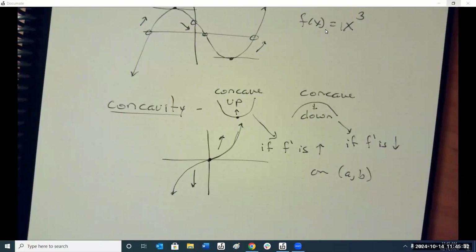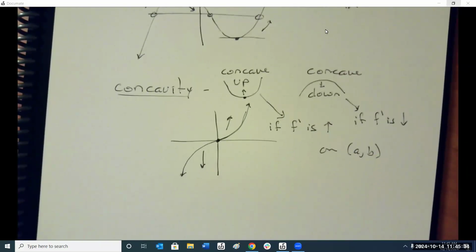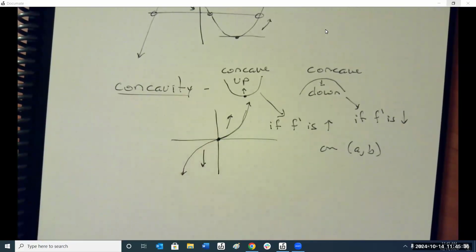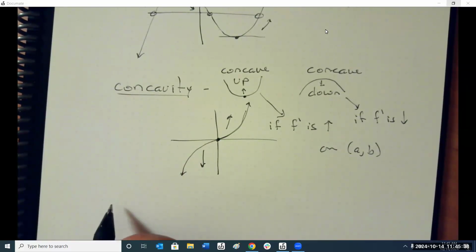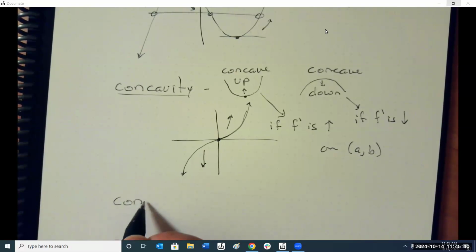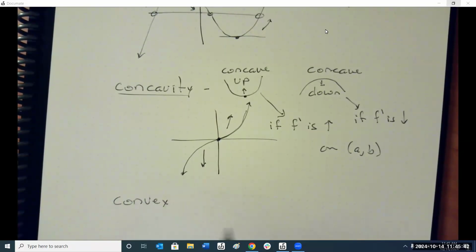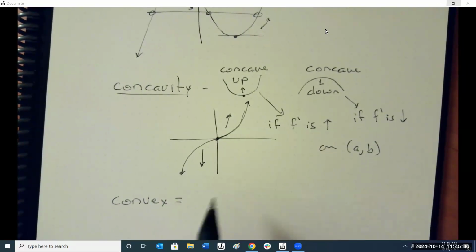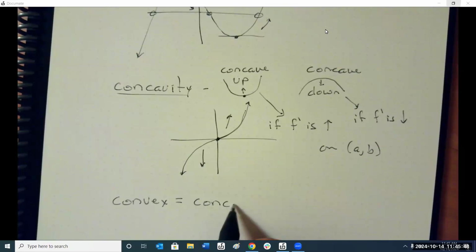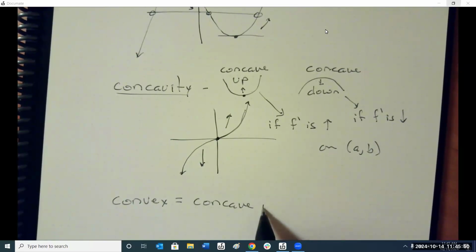Right, so that's what we're looking at. A lot of students confuse concave with convex. Convex is just another way of saying concave up. So if something is concave up, that means it's automatically convex. If it's concave down, well, that's what we have to look at.